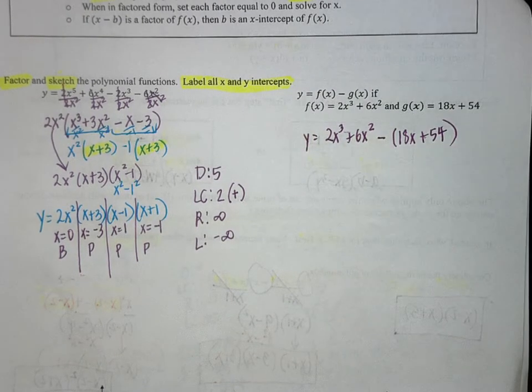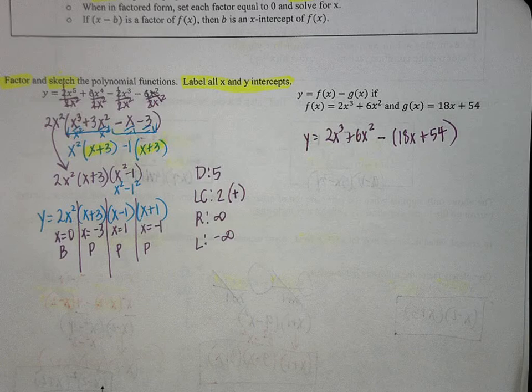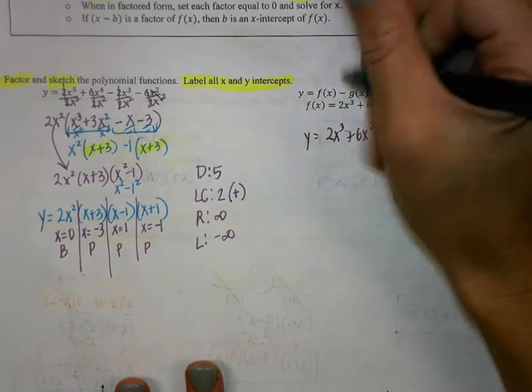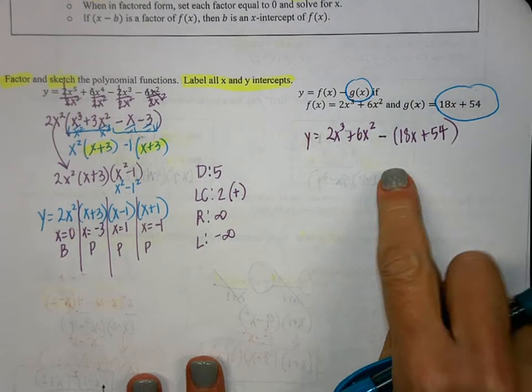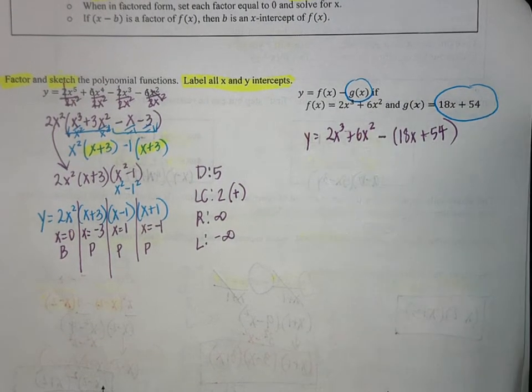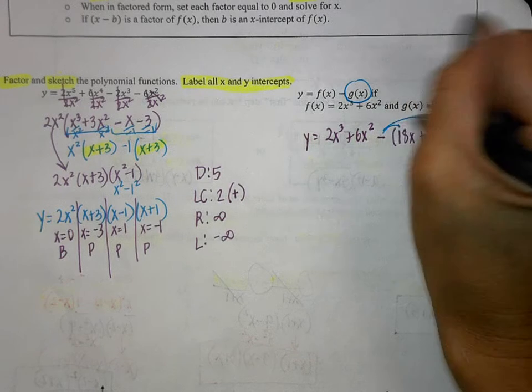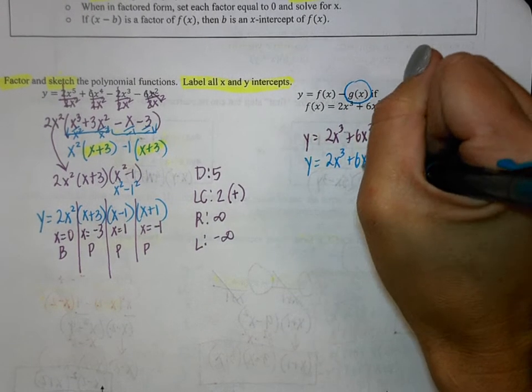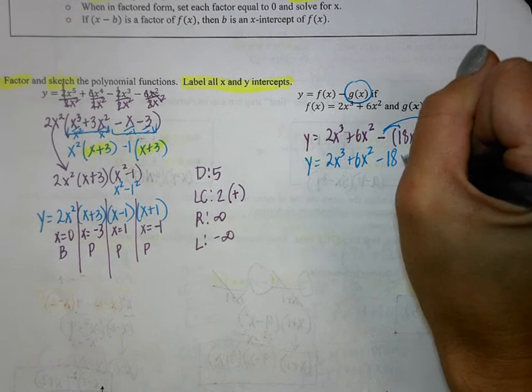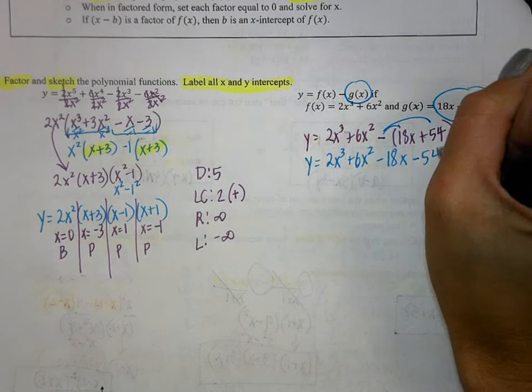What do I have to do now? Distribute. Again, if this is saying g of x here, make sure that the whole g of x is being subtracted, which means I have to distribute the negative. Y equals 2x cubed plus 6x squared minus 18x minus 54 when I distribute through that negative.